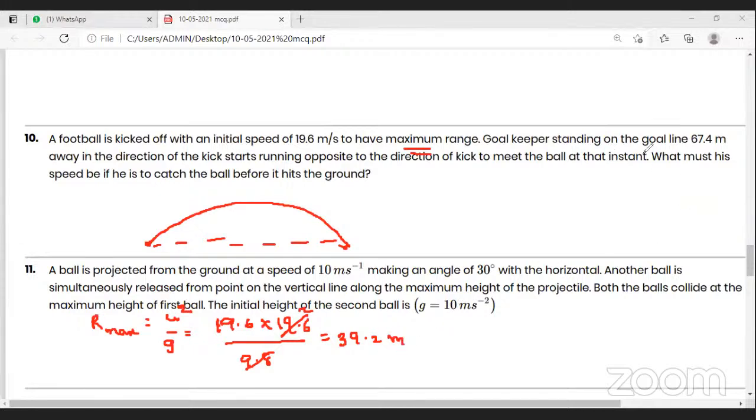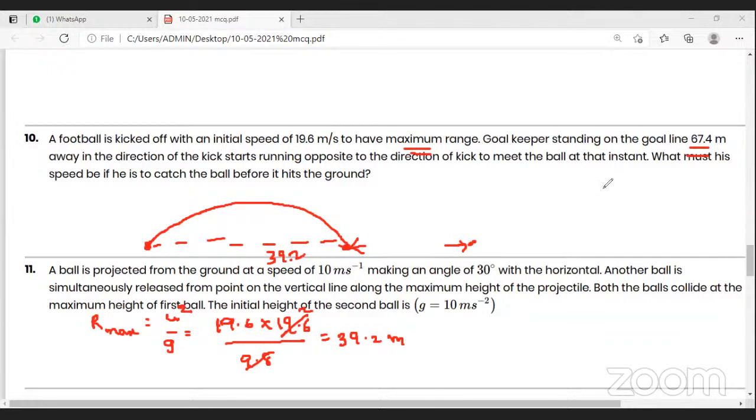But where is the goalkeeper? At what distance from the starting point was the goalkeeper? He was at 67.4. From here to here it is only 39.2 meters. The goalkeeper is at this point, 67.4. Then what is the distance the goalkeeper has to travel to catch the ball here?